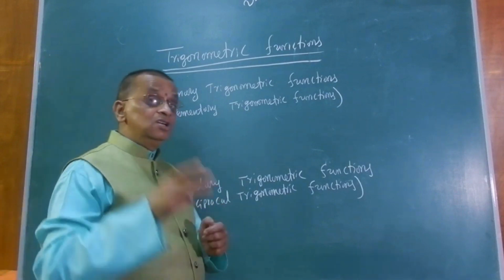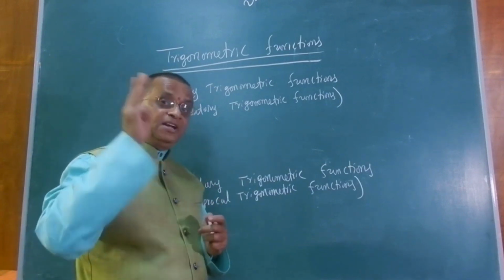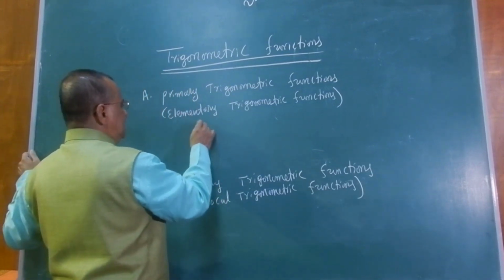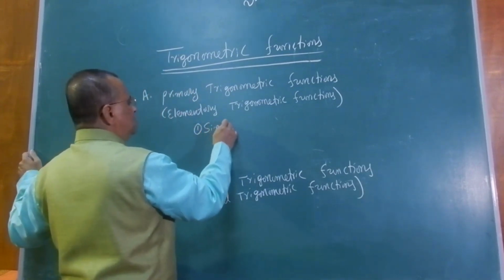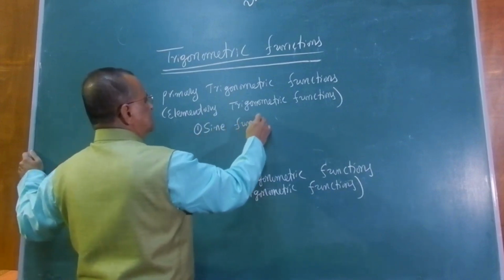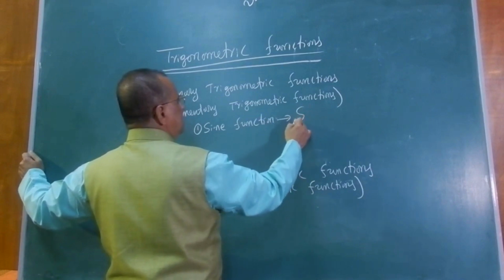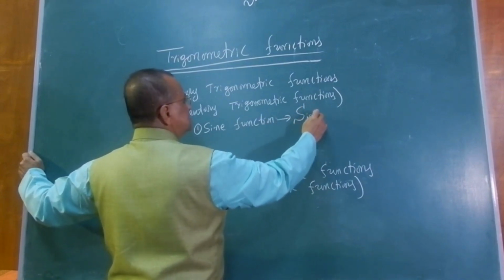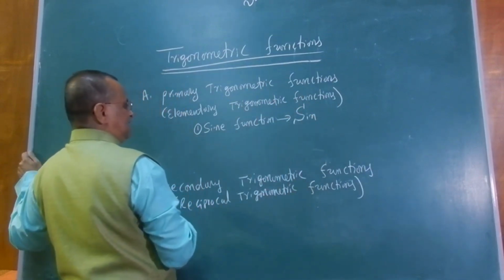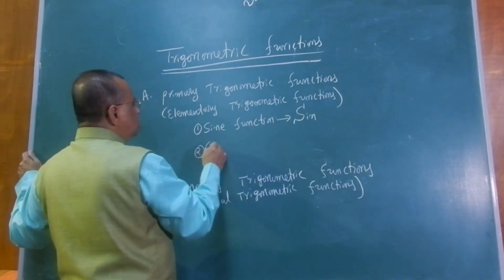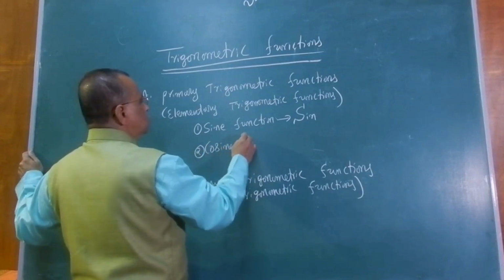There are 3 elementary trigonometric functions. They are number 1, sine function. Sine function, in short, we write it as S-I-N, sine. Second one is cosine function.